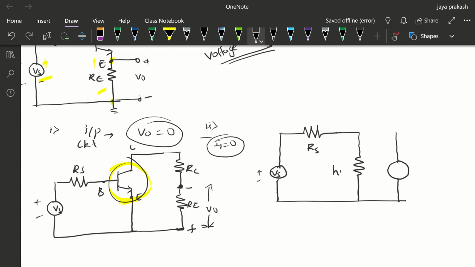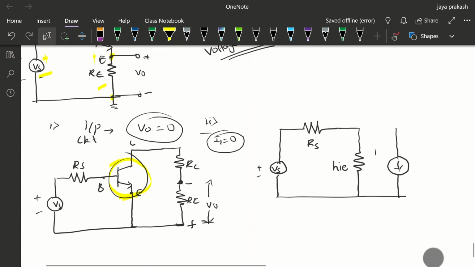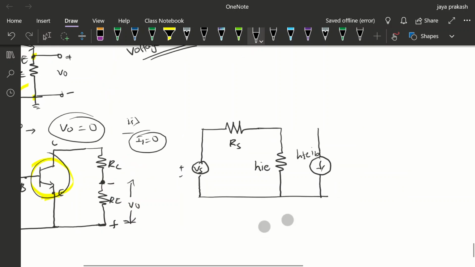This is HIE and this is HFE IB, and this is resistance RC, and this is resistance RE.